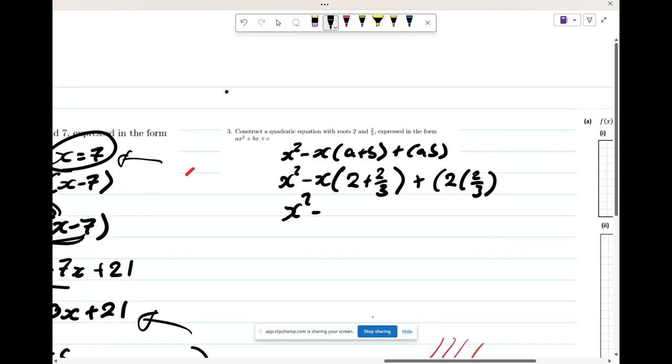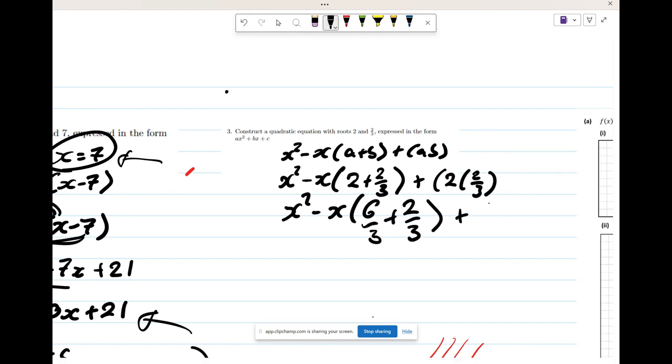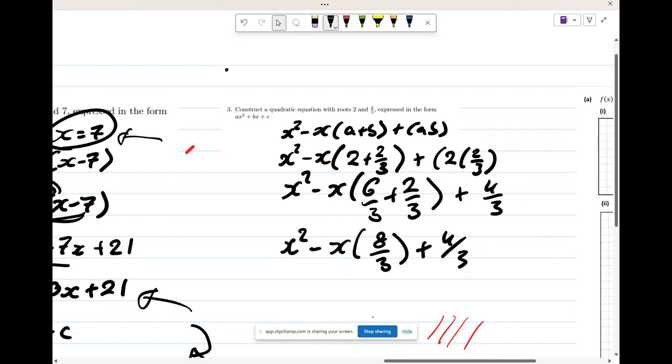So x squared minus x times (6 over 3 plus 2 over 3) plus 4 over 3. And that's x squared minus x times 8 over 3 plus 4 over 3. And that is our expression.